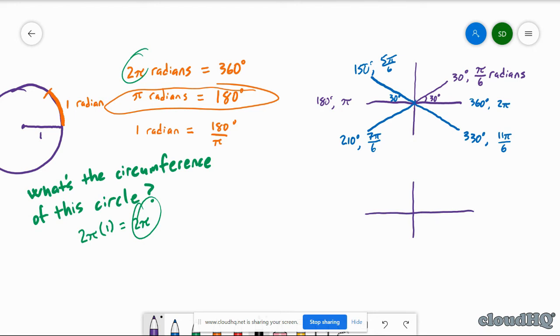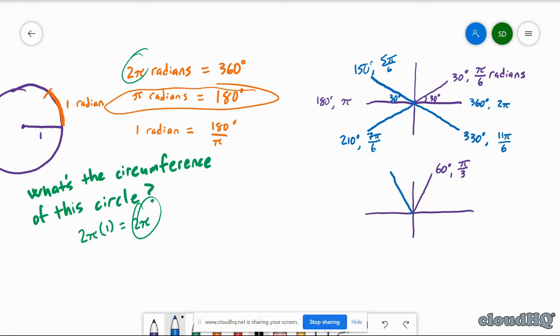Well, when we had a 30, 60, 90 triangle, 60 was another significant angle. So let's talk about 60s. What portion of 180 is 60? Third. So we could say that 60 degrees is the same as pi over 3 radians.